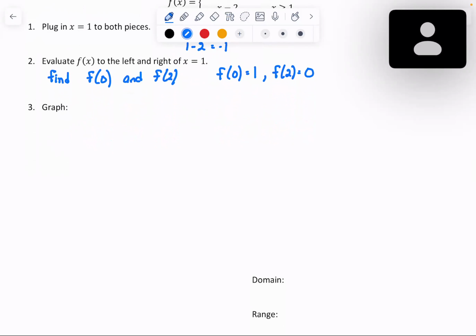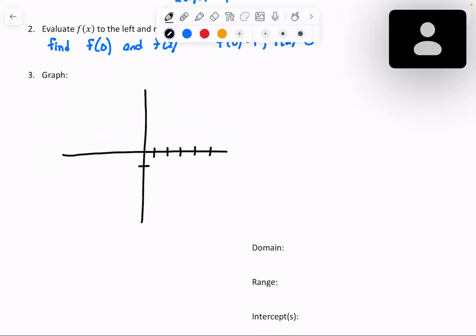So if I want to graph it, I'm going to draw an axis here. So let's go a couple out. 1, 2, 3, 4, 5. 1, 2, 4, 5.